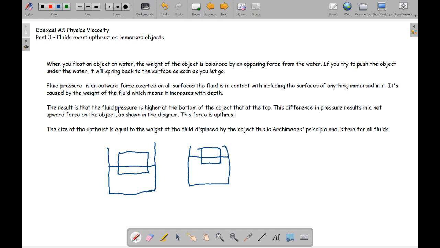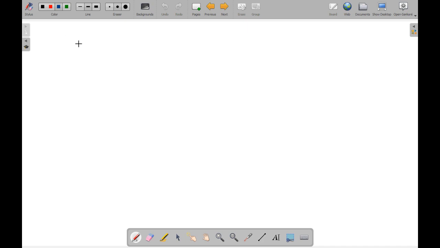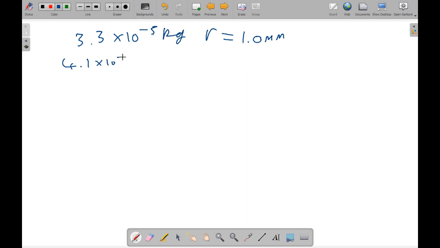So coming back now to the Stokes' law idea, if I get a new page, so if we have a ball bearing that has a mass of 3.3 times 10 to the minus 5 kilograms, and r is equal to 1 millimetre, and it displaces 4.1 times 10 to the minus 5, very, very small units of water when it's fully immersed.